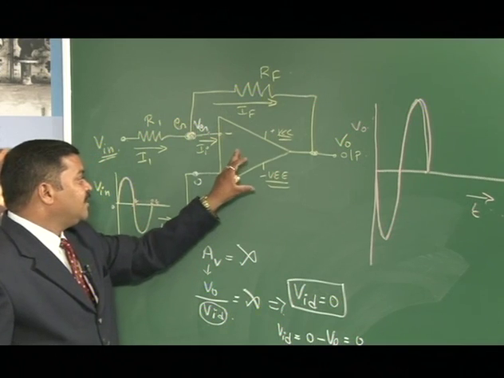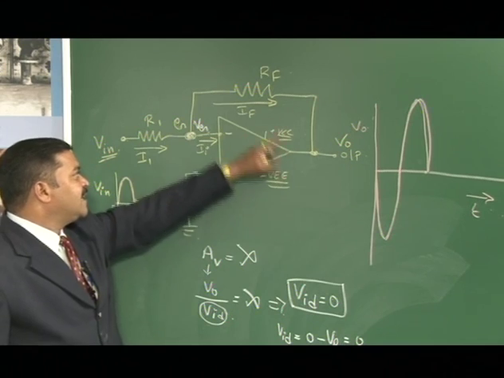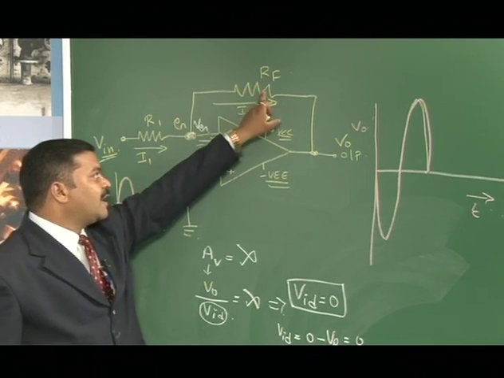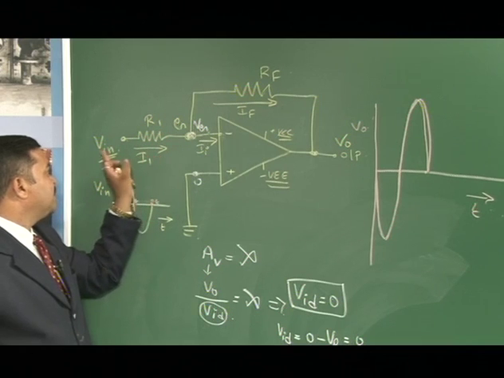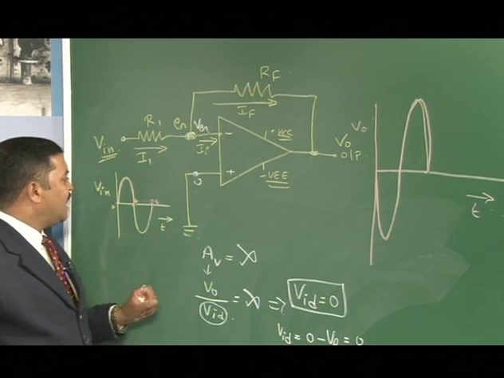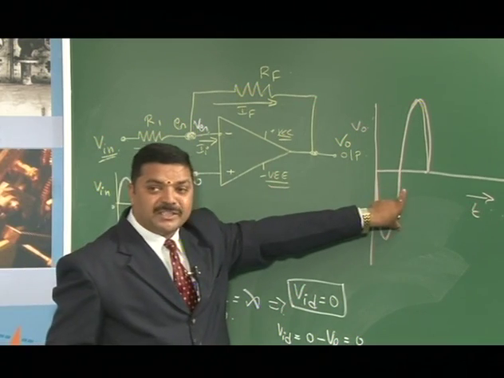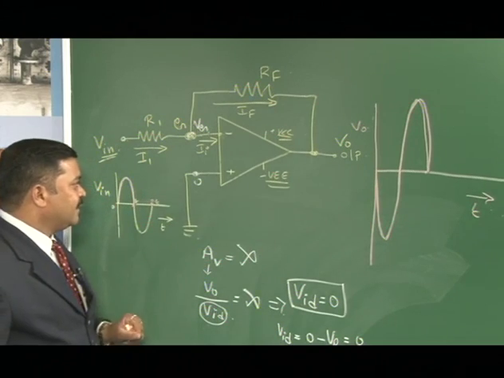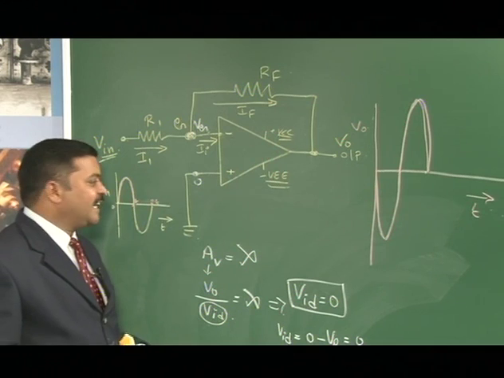So, here in the inverting amplifier, the operational amplifier op-amp is used, and here the negative feedback is used through RF. RF is an external resistance, R1 is an external resistance which is connected between the input and the node G. And here the input signal is this one, the output signal is this one. You can just clearly write all this. Here plus VCC and minus VCC form the positive supply and negative supply.